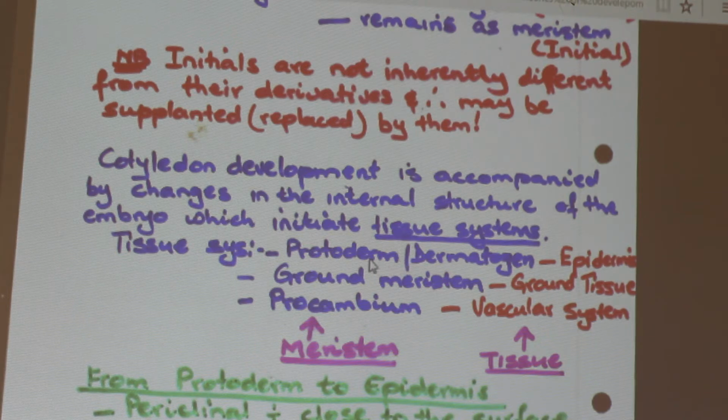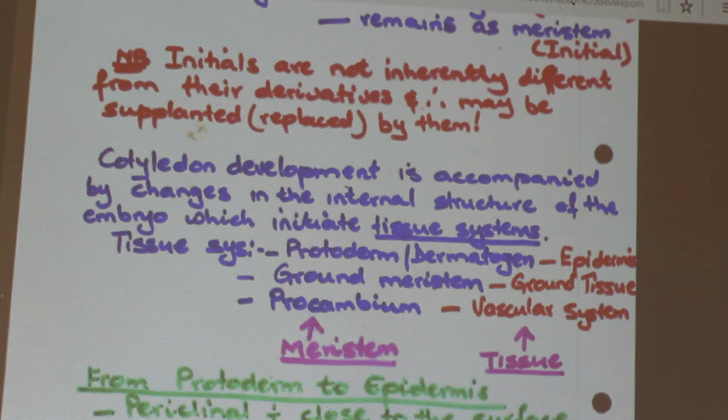You cannot expect a cell that is on the outside to be a procambium. A procambium will be somewhere in the center and it will be elongated. A ground meristem is a cell that is often more rounded. Protoderm, or dermatogen, these are cells that become elongated along the periphery.